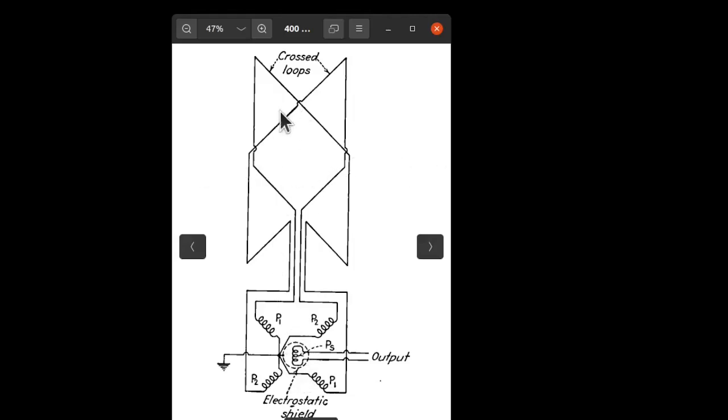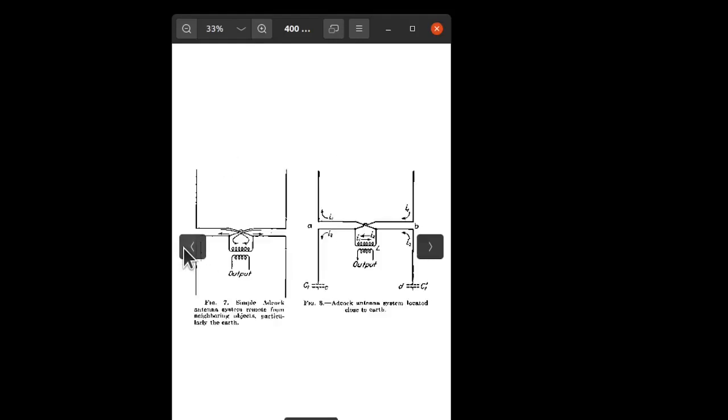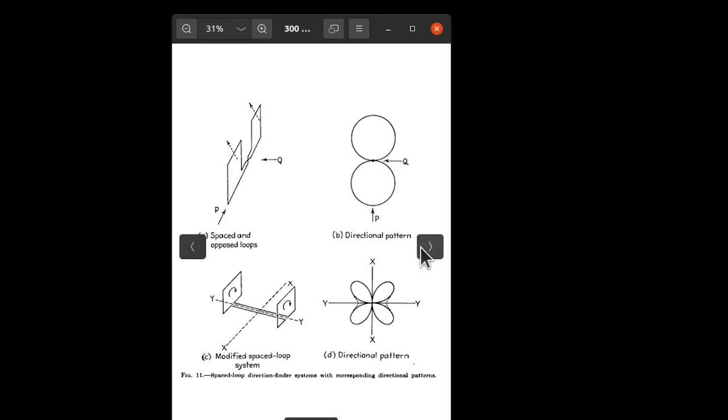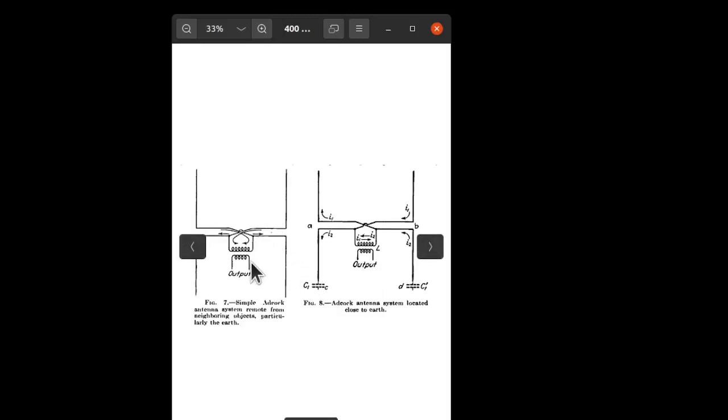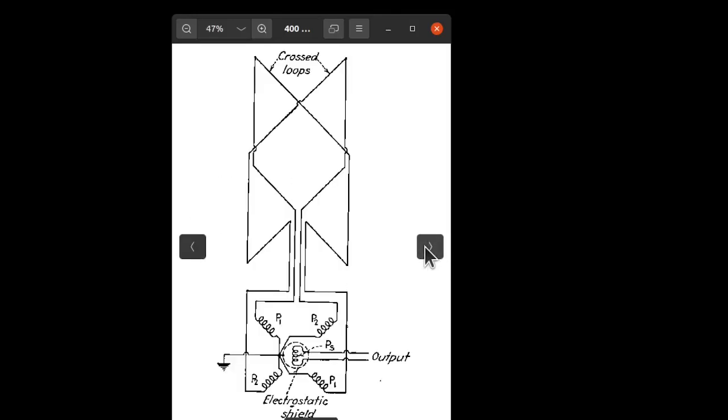So as this turns, so does the field sensitivity, the directivity moves with it. So this is a variation of the Adcock right here, except that instead of 2 coils we have 5, and we're controlling the phase to each of these elements by turning this element here.